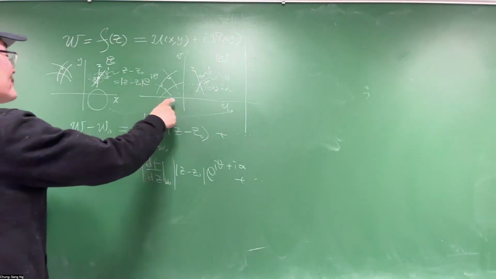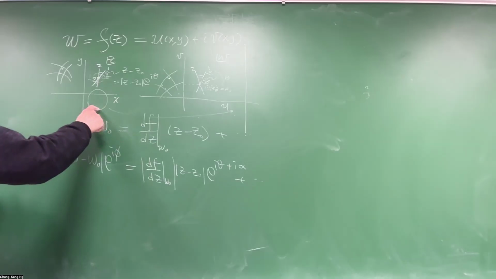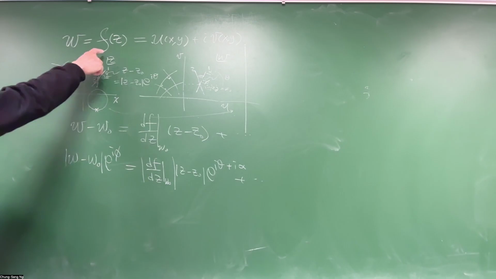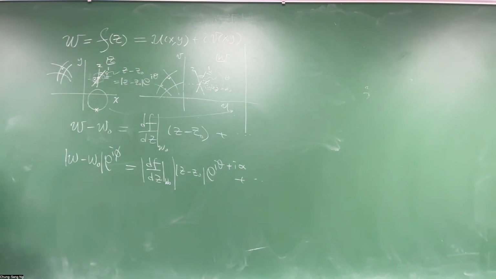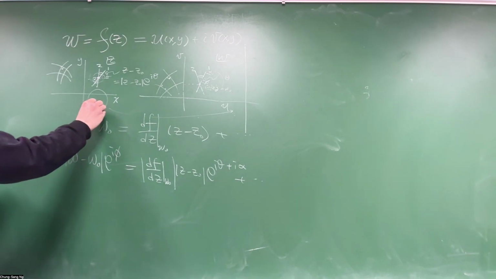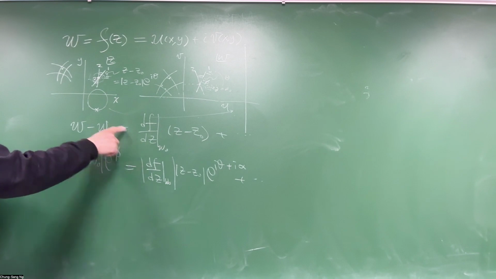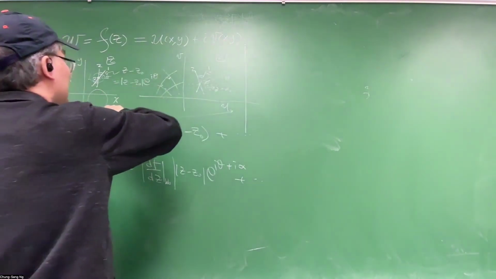Which means in this case, this curve must encounter one of the poles of the mapping function, right? Because when you hit the pole, df/dc is equal to infinity, and you map this to infinity.